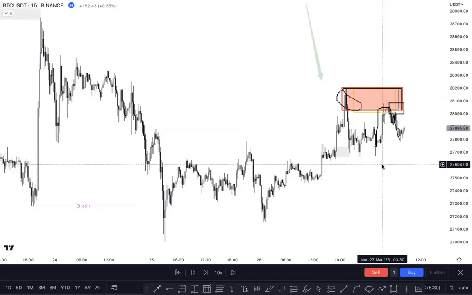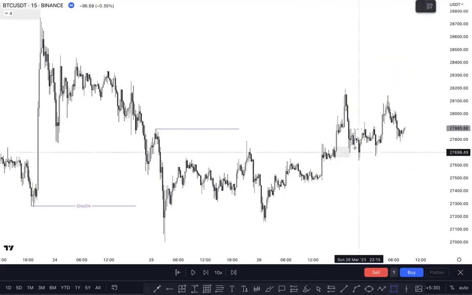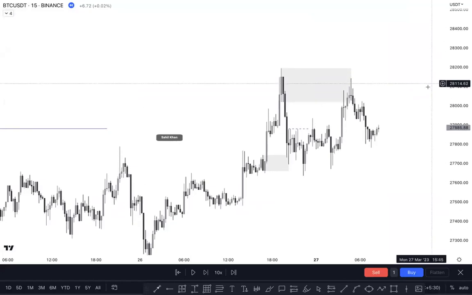This is our last buying candle before the drop. So simply you can sell here.